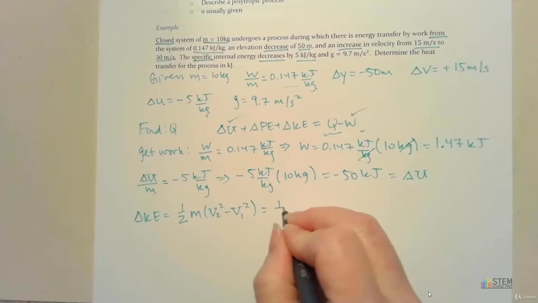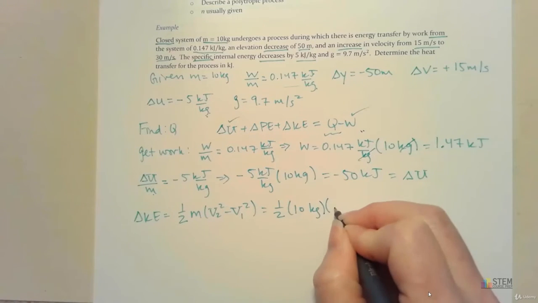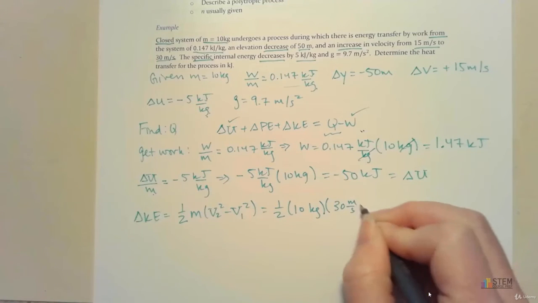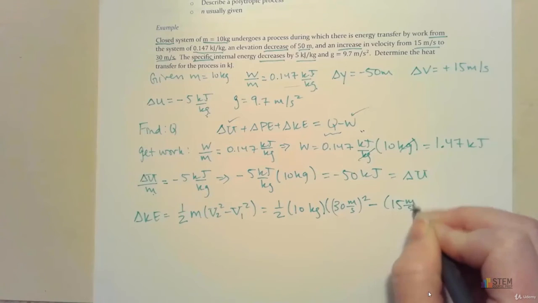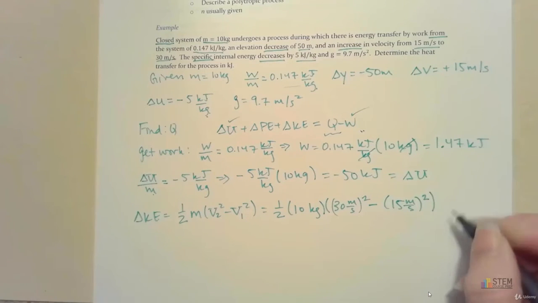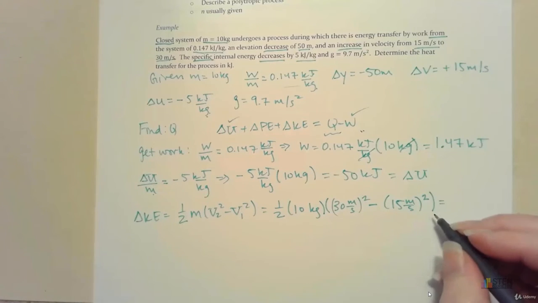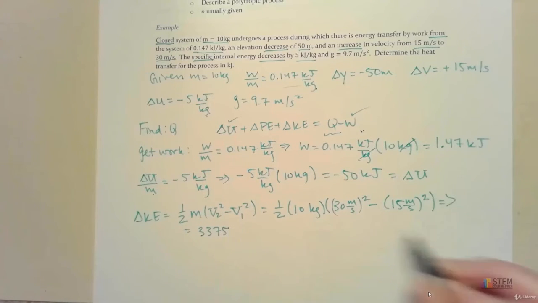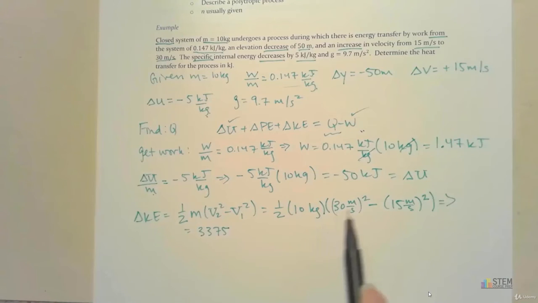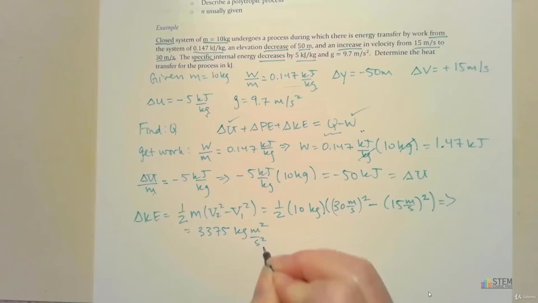If we plug in our values, we get 1/2 times 10 kilograms times 30 meters per second squared, minus 15 meters per second squared. Going to the next line, we get 3,375, and then look at your units. You've got kilograms meters squared per second squared.